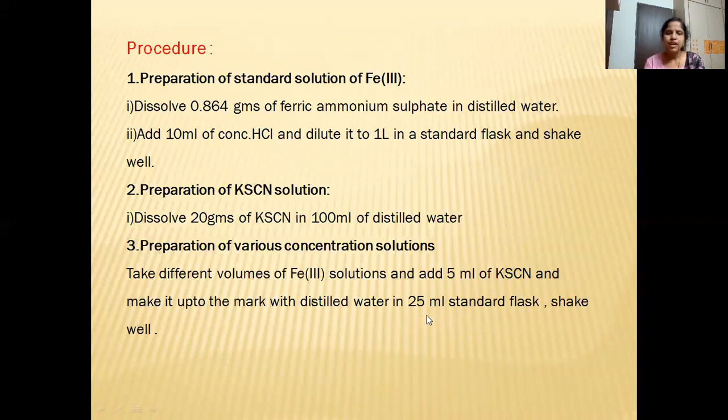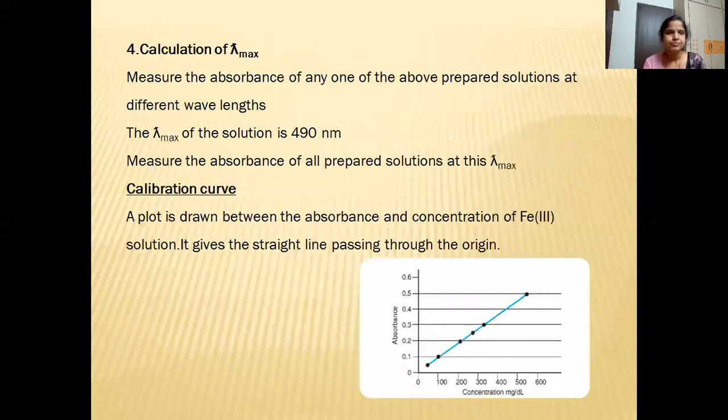So in all these 5 standard flask solutions, which are 25 ml each, they have different concentrations of iron, because we have taken a different volume of iron in each flask. Now you just shake it and then find out the absorbance for each solution we have prepared at lambda max, 490 nanometers.